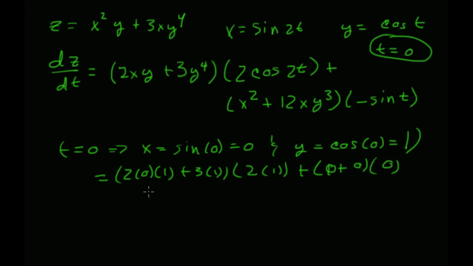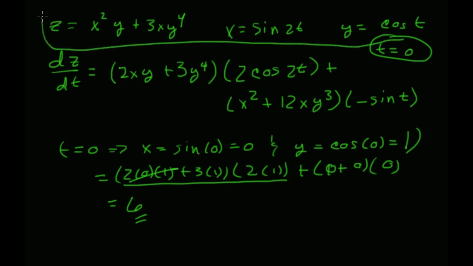That's 0. So this goes to 0, and this is really just 3 times 2, which is 6. Okay, so what we got here is that if this is the setup, then at time 0, every time t changes by 1, z is changing upward in the positive direction by 6.